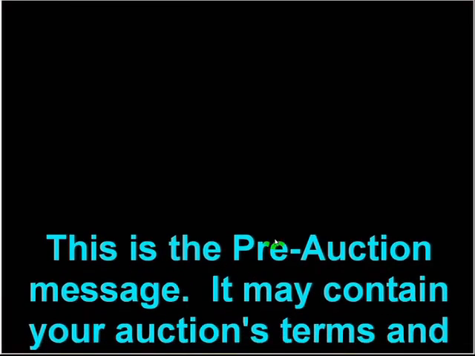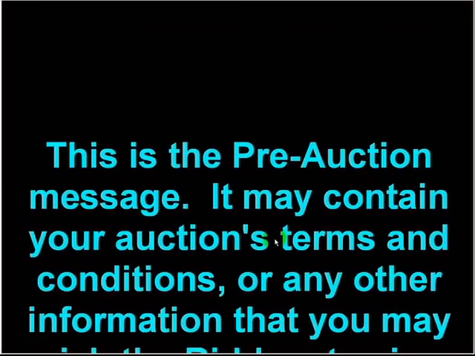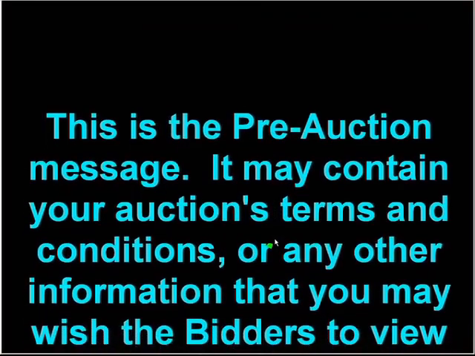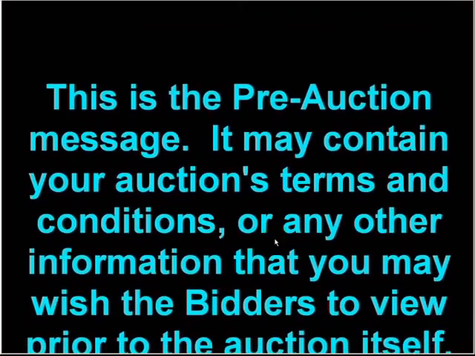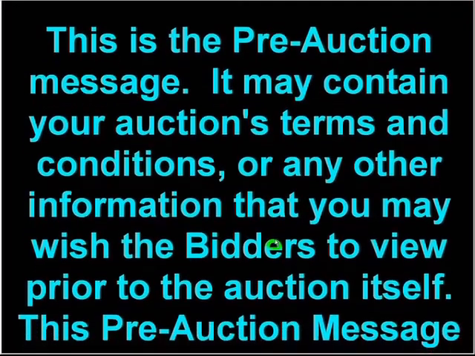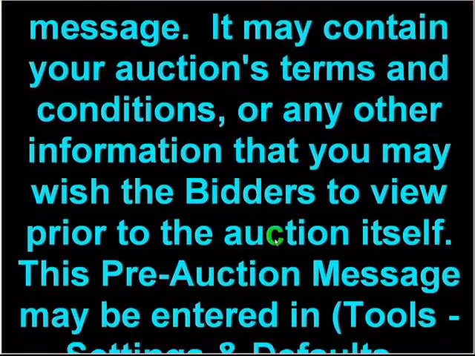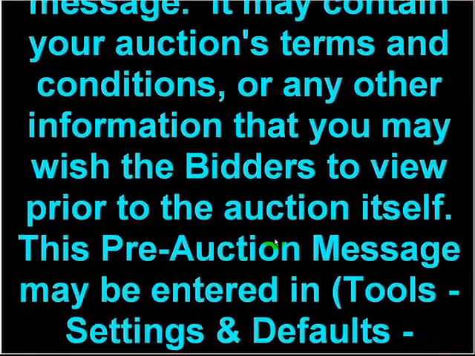When I do, we're now going to see what are called the pre-auction messages. Now these pre-auction messages are typically your terms and conditions that people need to agree to before they can bid at your auctions. These terms and conditions can be entered in the settings and defaults area, and we'll cover that at the end of this video. The idea being that when people come in, they will register, they'll go ahead and sign whatever it is they need to sign.